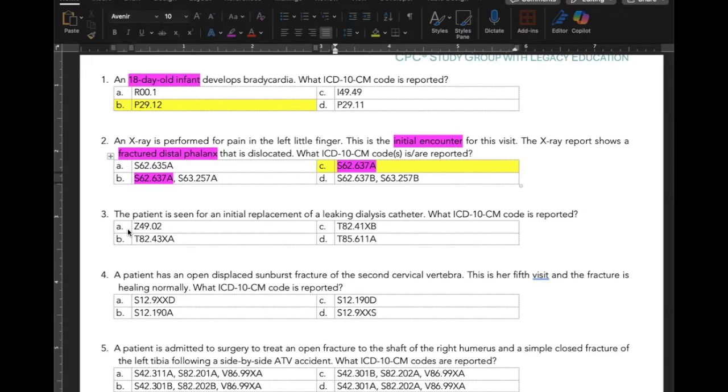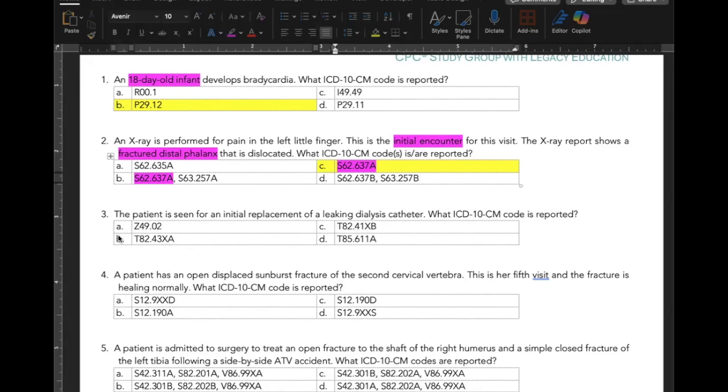So we would have to go to another option before we get to leakage. Oh, so mechanical, underneath, yep, mechanical and then leakage. And then what does that give us that we need to go verify and expand in the tabular? T82.43. Yep.